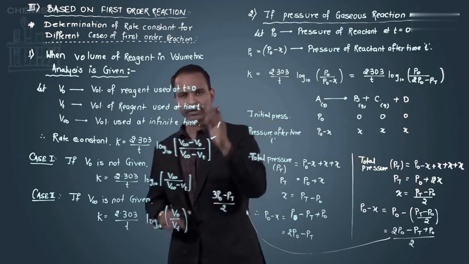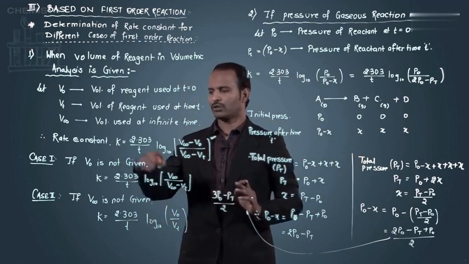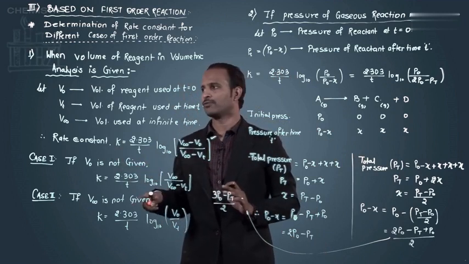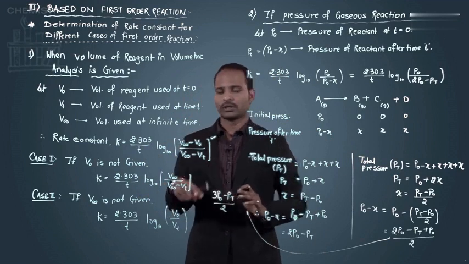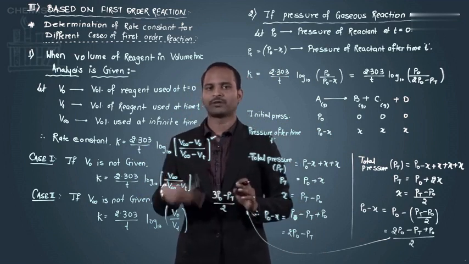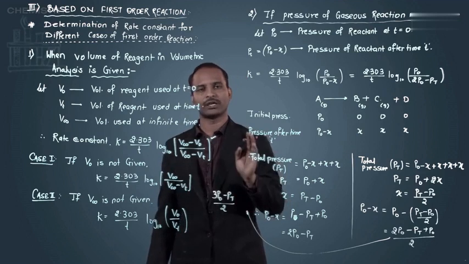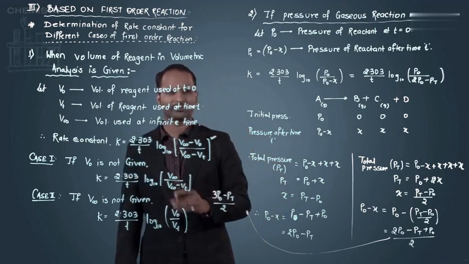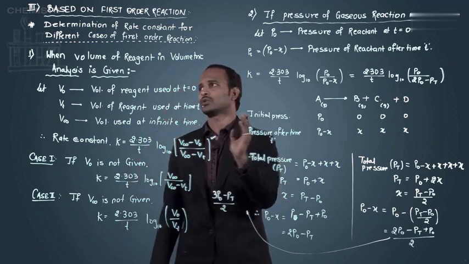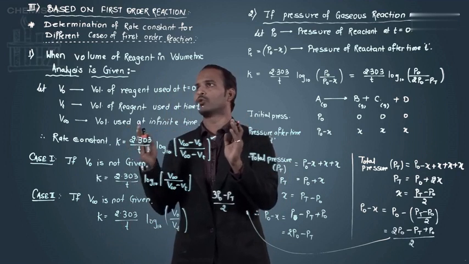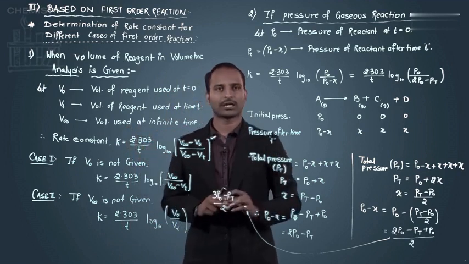But for volume we have this simple formula with V naught, Vt and V infinity. If V naught is not given, then remove V naught from the main formula. If V infinity is not given, then remove V infinity from the formula and you will get the final formula. So these are two more cases where the rate constant can be asked.